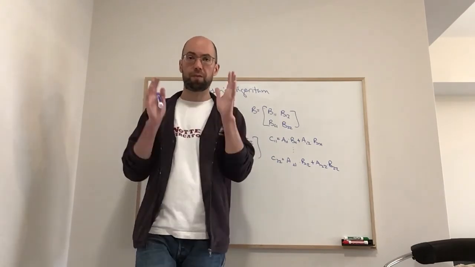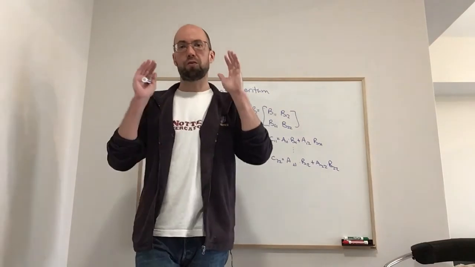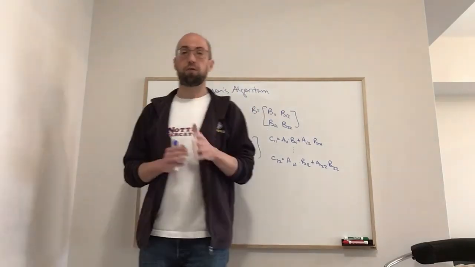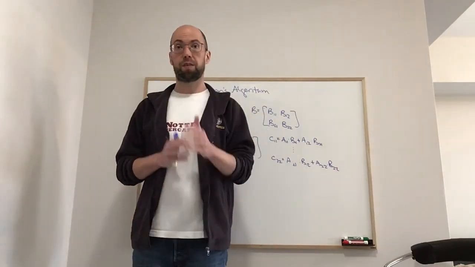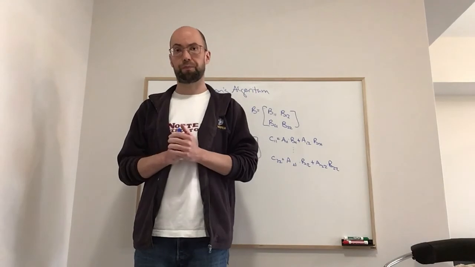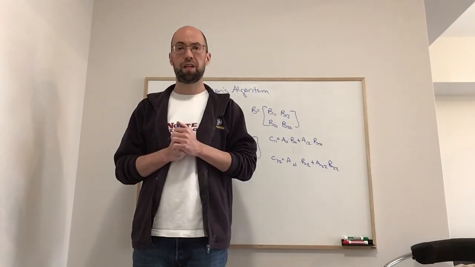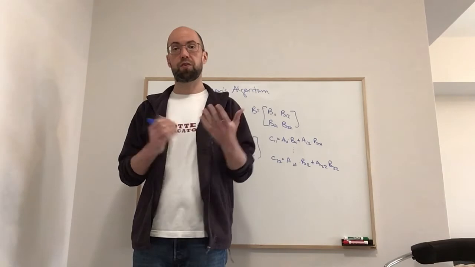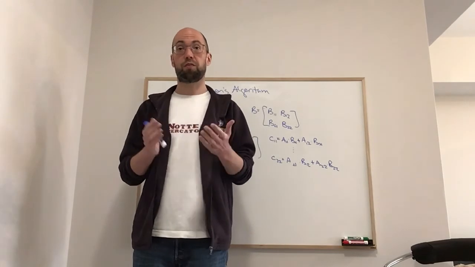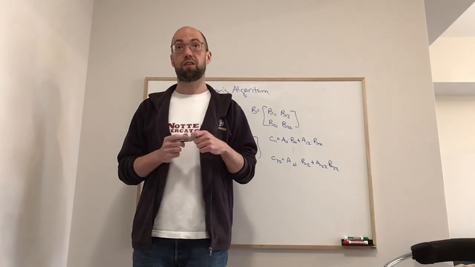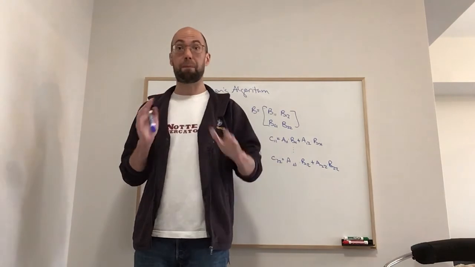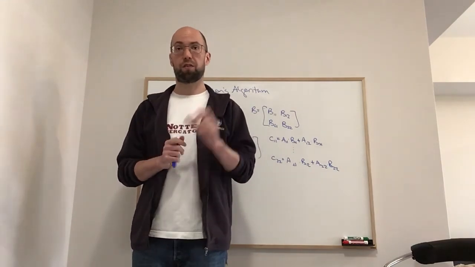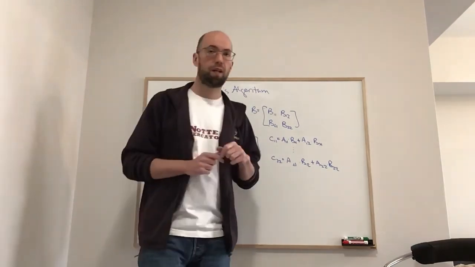So the normal algorithm you learned in high school to multiply two matrices is cubic time in the dimension of the matrix. That's pretty slow, right? If you're multiplying two matrices of 1,000 by 1,000, this is going to take something like 1 billion atomic operations, 1 billion little multiplications.